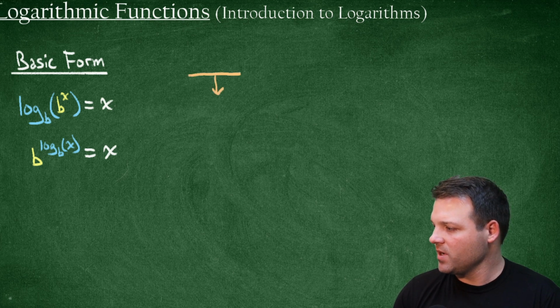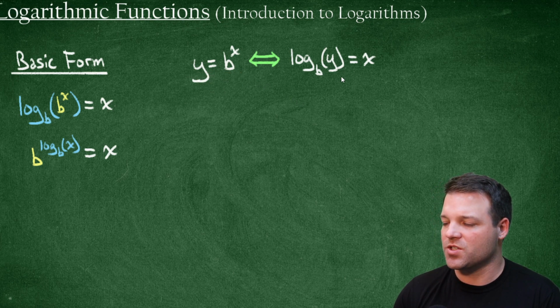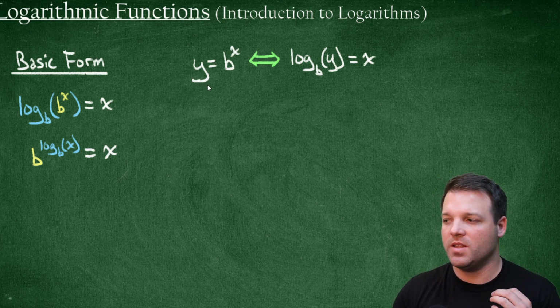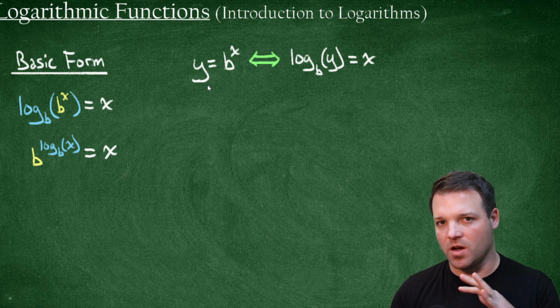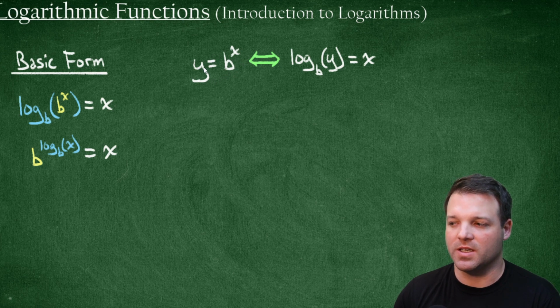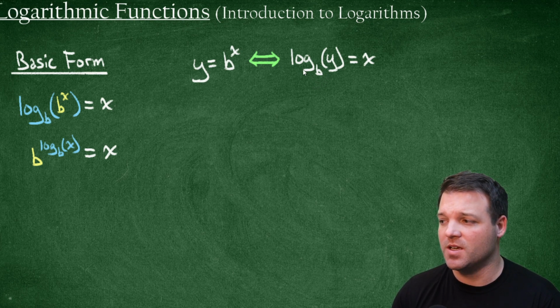Okay, so I want to talk about this right here. This is a common way that we change exponentials to logarithms and logarithms to exponentials, going back and forth. So if I have an equation like this, y is equal to b to the power of x, which is basically like a parent function, that is actually 100% equivalent to log base b of y is equal to x.